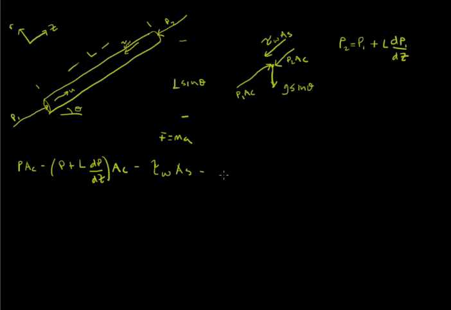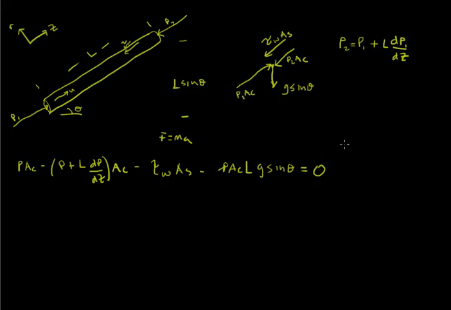So a mass is going to be our fluid density multiplied by the volume. So we're going to have rho times the cross-sectional area times the length, and then multiply it by our g sine theta. And then again, we're just going to have a still frame of reference, no acceleration. So it's going to be equal to 0.